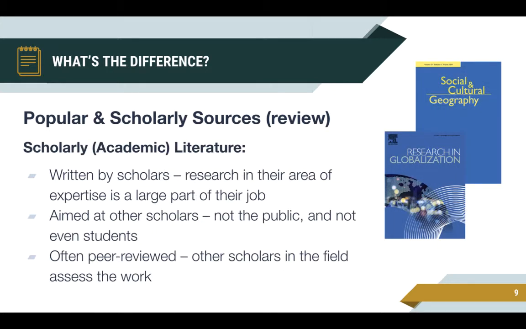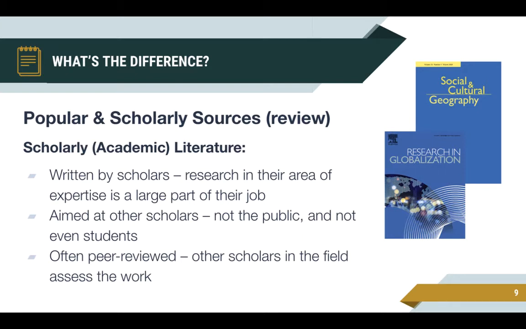As opposed to popular, we have scholarly literature, often called academic literature as well. These are written by scholars, where research in their area of expertise is a large part of their job. This material is also aimed at other scholars, so not the public, not even necessarily students per se.